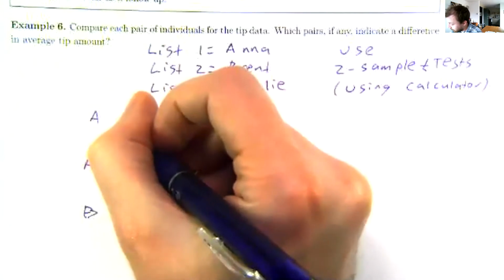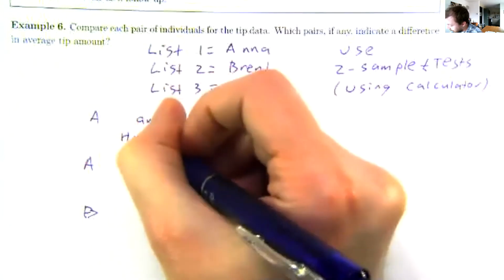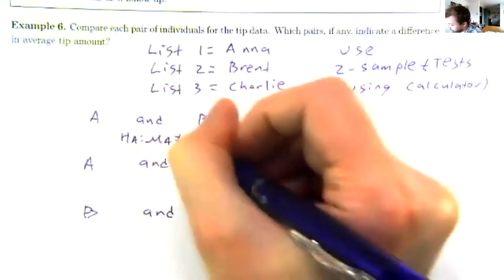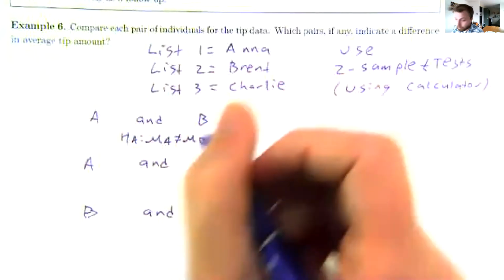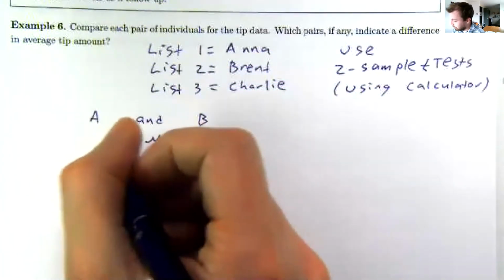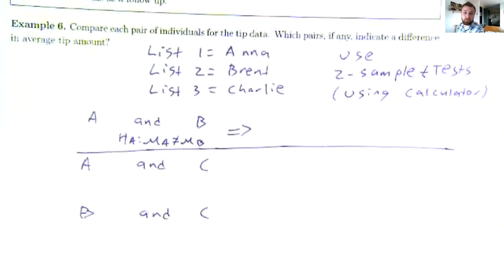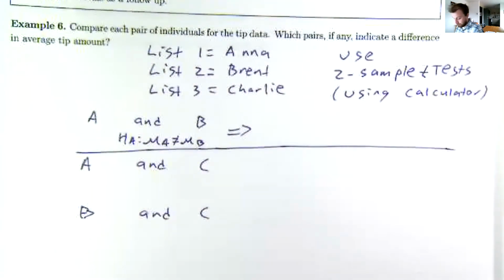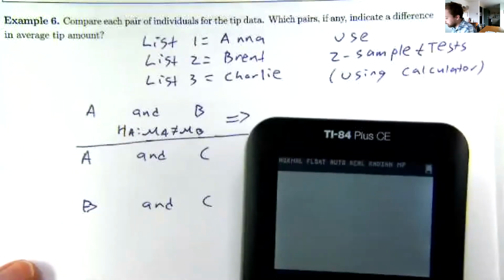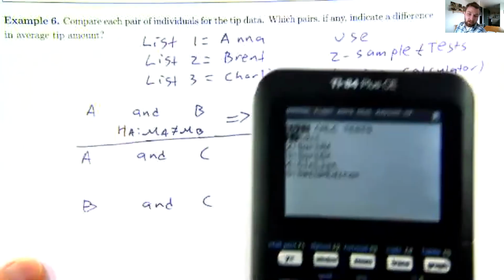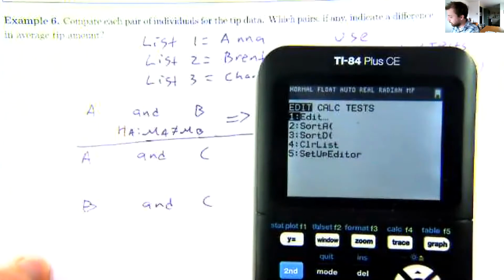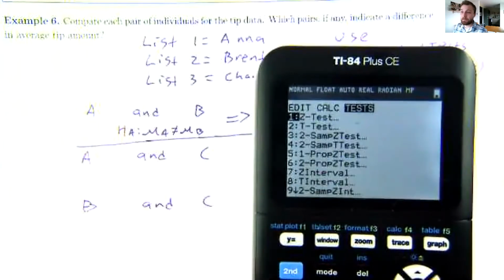And for each of these things, I'm testing the alternative that the 2 groups are different. The null hypothesis is that the groups are the same. So first test I'm doing, I'm comparing Anna and Brent. In my calculator, I'm going back to where I saw my test. So stat list editor, and I'm choosing F6 for test.